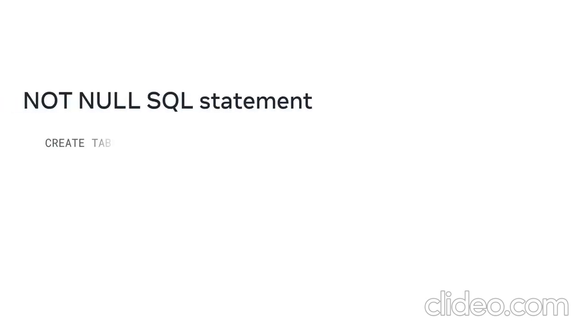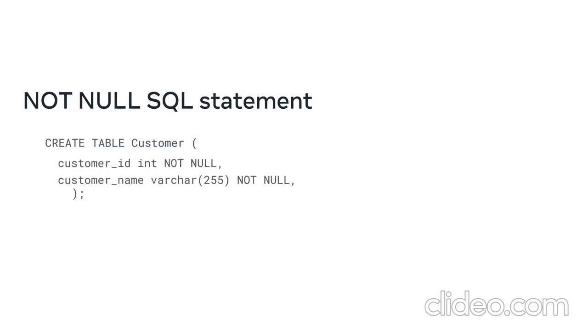A typical not null SQL statement begins with the creation of a basic table in the database. I can write a create table clause followed by customer to define the table name, followed by a pair of parentheses. Within the parentheses, I add 2 columns, customer ID and customer name.